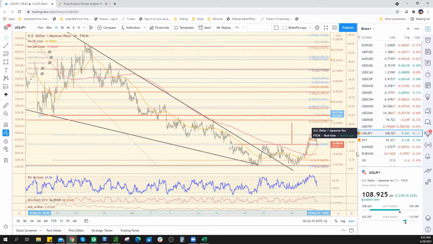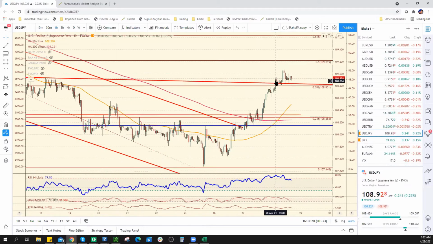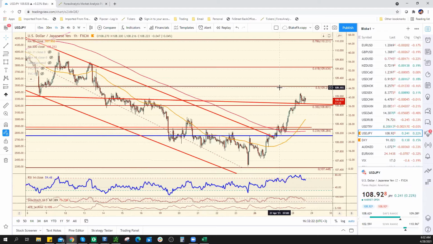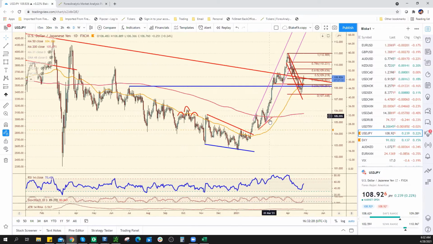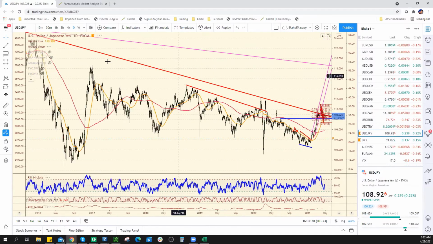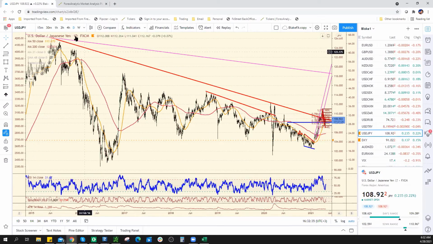So dollar yen's up with yields. This was my chart of the day yesterday, and I'm going to reference the multi-year trend line, the broken one. We broke below, then we came back and we're back testing it.